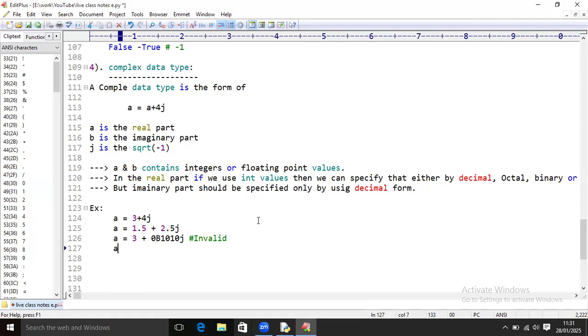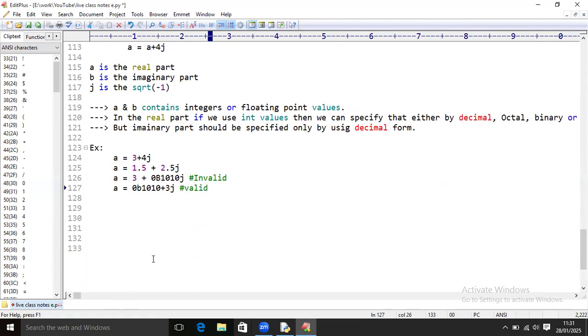Next, if we change the imaginary part to the real part and the real part to the imaginary part, then it will accept: 0b1010 plus 3j. Is it a valid condition? It's a valid condition. So we can give any data type in the real part, but not in the imaginary part.